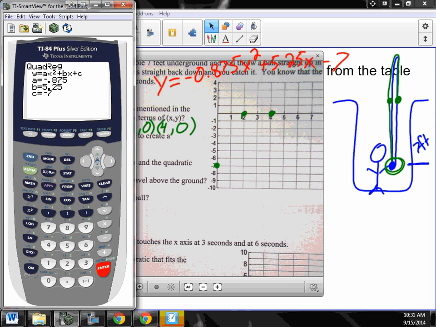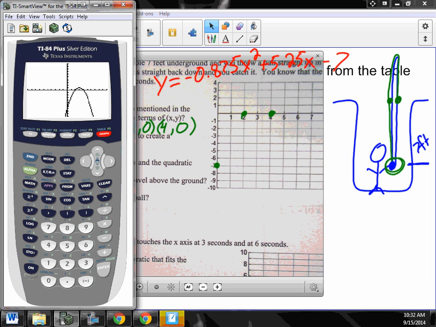Okay, now we need to figure out the maximum, so I want to put that in my y equals. So go into y equals and type in negative 0.875 x squared plus 5.25x minus 7. And then I'm going to push graph. You should get that.